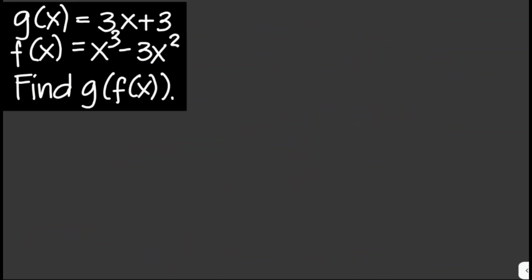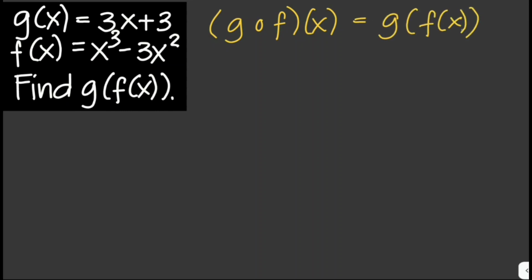Okay, we have here two functions, g of x and f of x. Then we find g of f of x. So g of f of x, we just plug in the whole function f of x to the value of x in the function g of x.